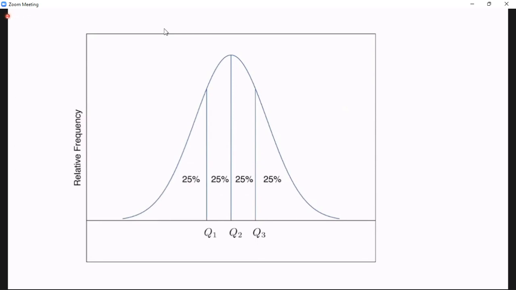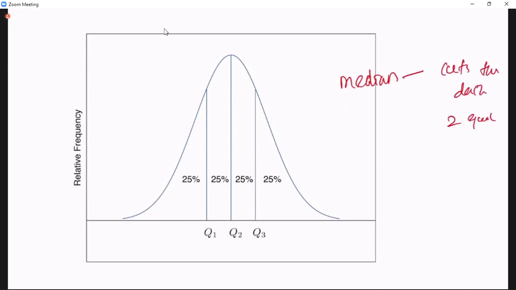If you can remember, we considered one measure of central tendency called median, that cuts the data into two equal parts.